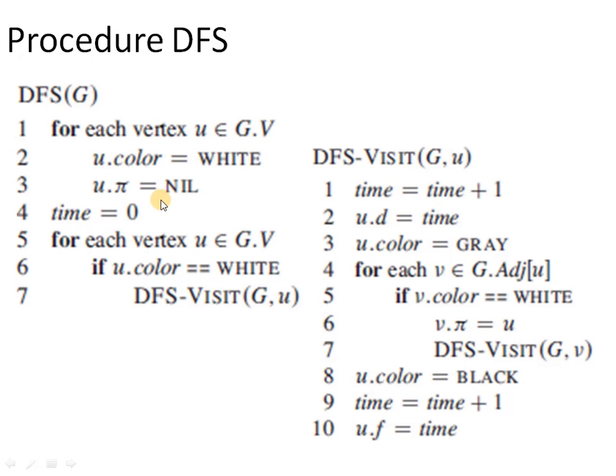Again, as far as the complexity of this algorithm is concerned, this for loop is executed on the order of V number of times. Similarly, this for loop will be bounded by a factor of mod of V. And similarly here, all the statements are constant time operations, but we have a for loop at line number 4.